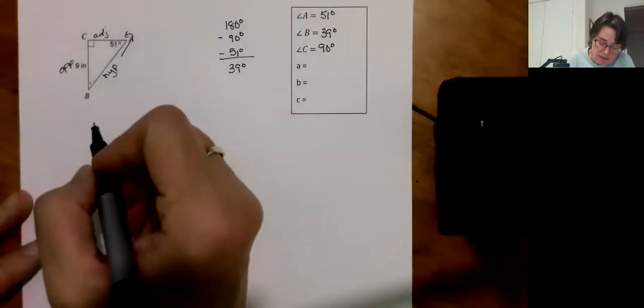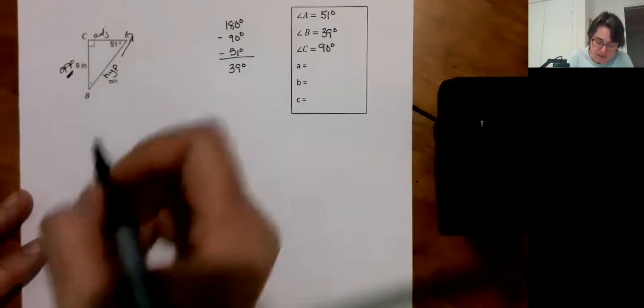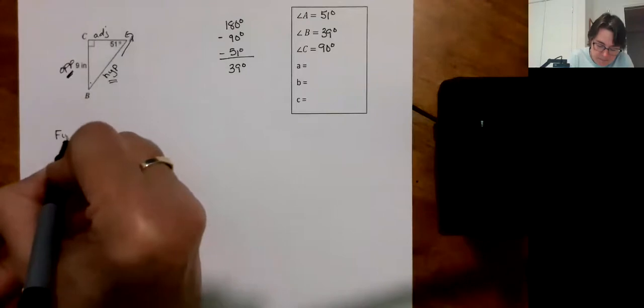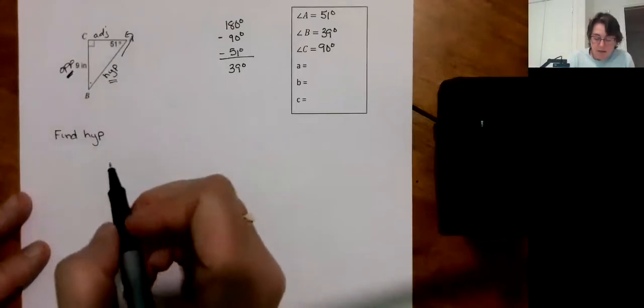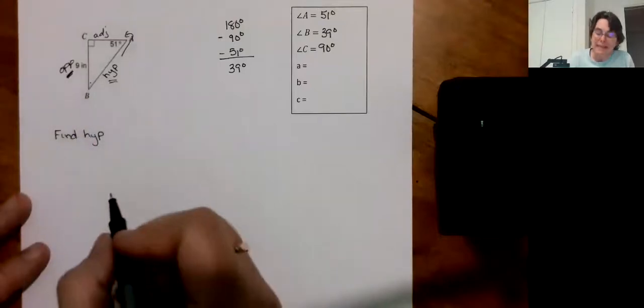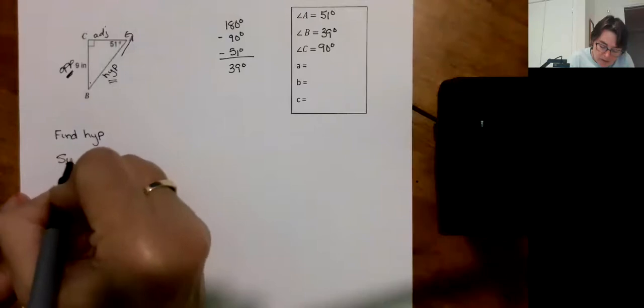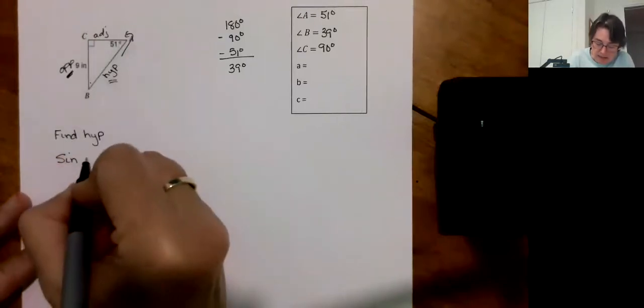So let's see. We have the opposite, so let's find the hypotenuse. The formula that involves opposite and hypotenuse is sine. So sine, and I'm going to use A. I could use theta, either one is fine.